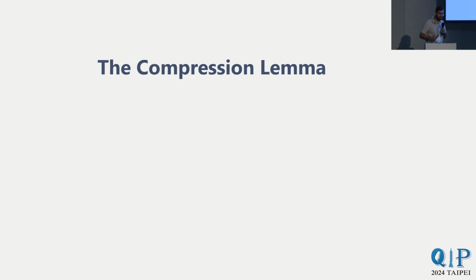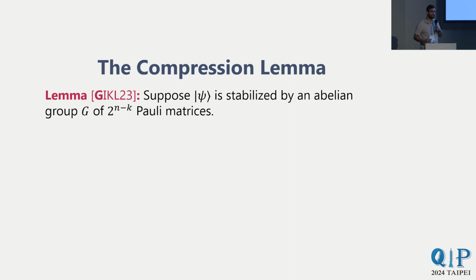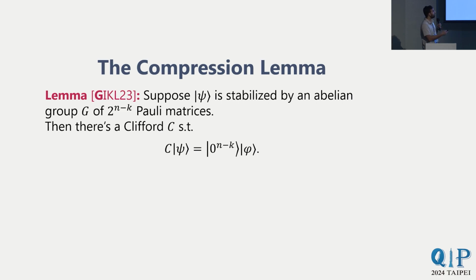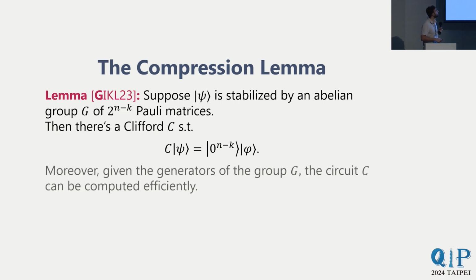The next thing to know is what I'm calling the compression lemma. Say you do have a state like this. It is stabilized by an abelian group G of 2 to the n minus k Paulis. Then it turns out there is a Clifford circuit that transforms your state to a product state, where the first n minus k qubits are the all-zero state, and the final k qubits are some arbitrary quantum state.